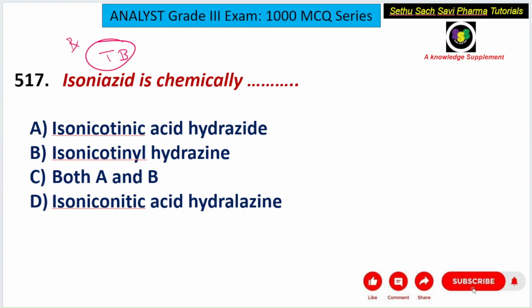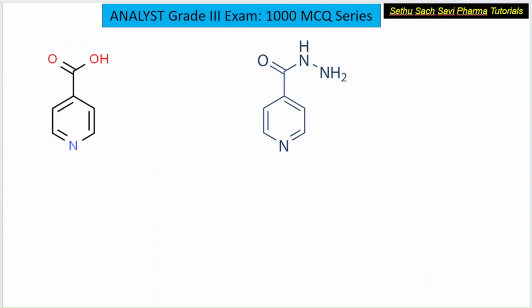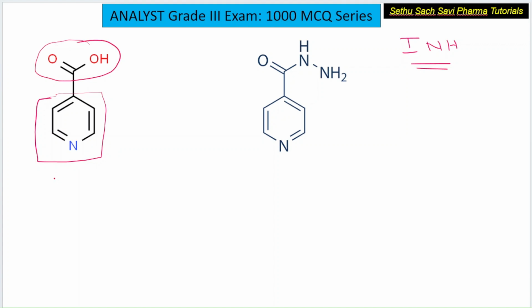First you need to know what INH is. Isoniazid is abbreviated as INH. It is basically a pyridine carboxylic acid derivative. In this structure, this ring is called pyridine, and at the fourth position of the pyridine one carboxyl group is attached. So this pyridine 4 carboxylic acid is called isonicotinic acid.